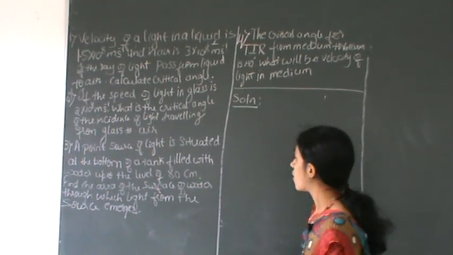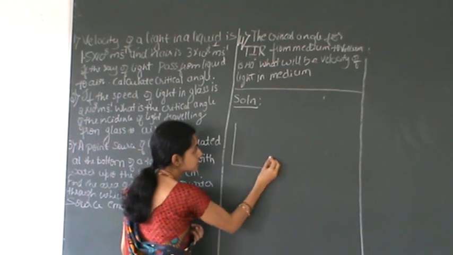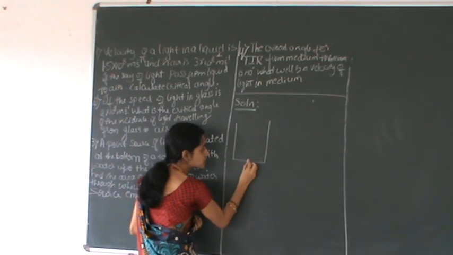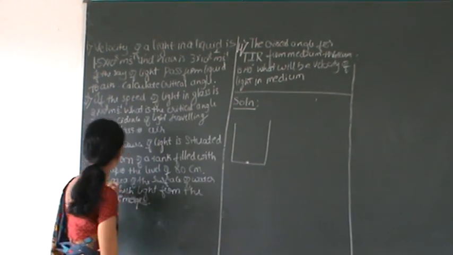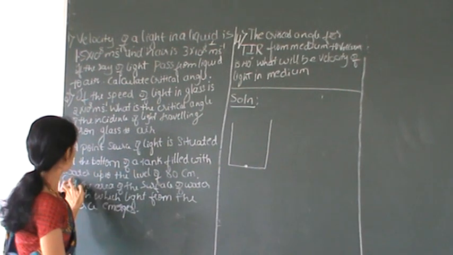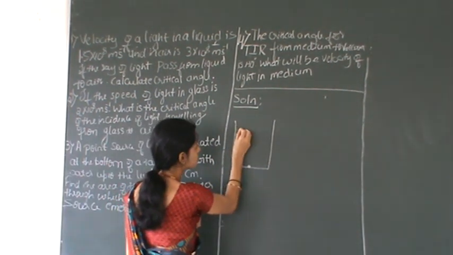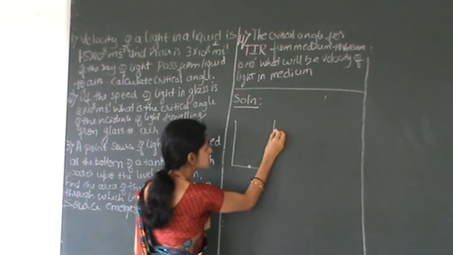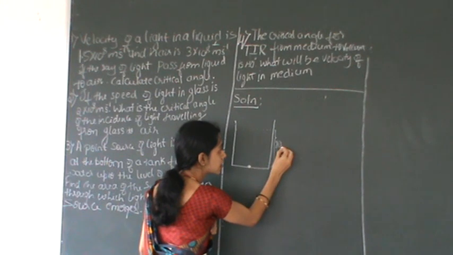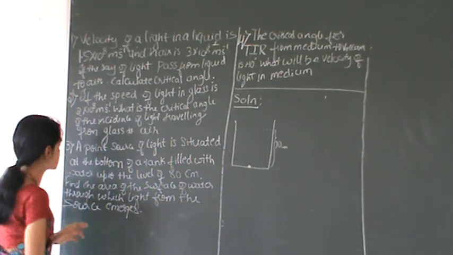What is given? If we consider one tank, the point source is situated at the bottom, and the water level is 80 centimeter.